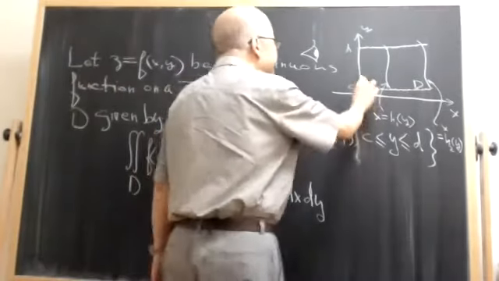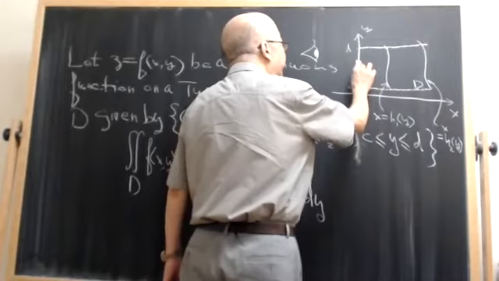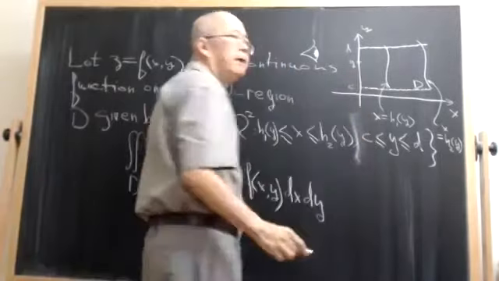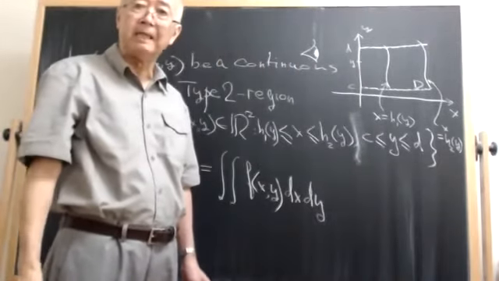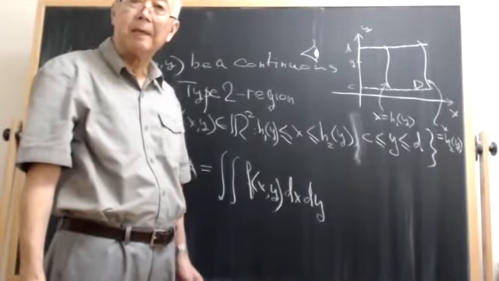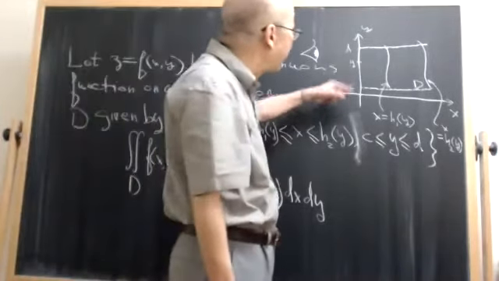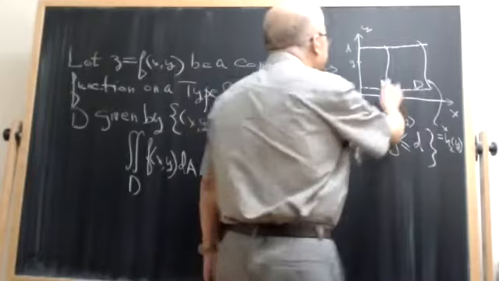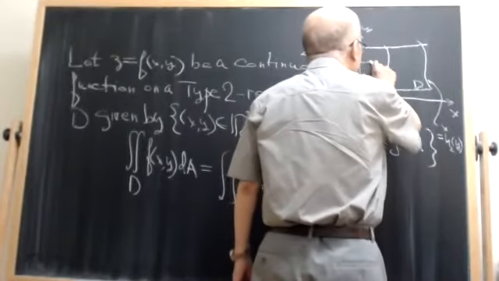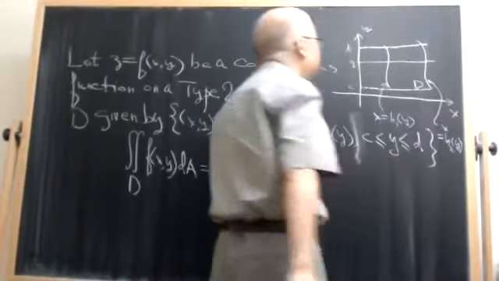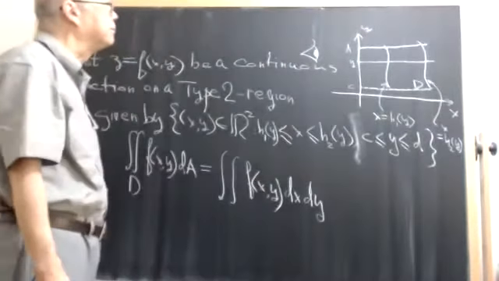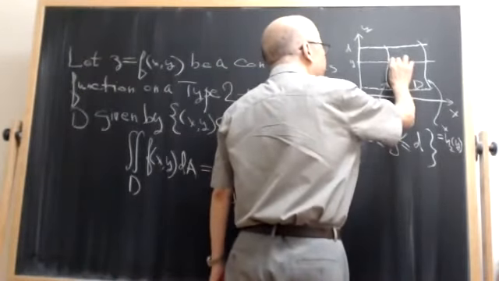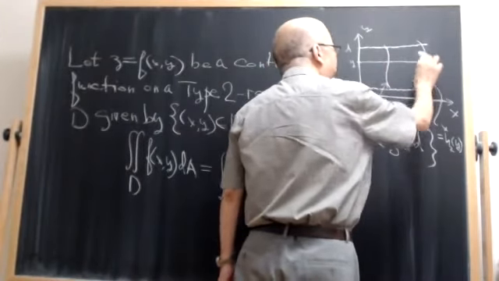And the way to do it is to fix a y here, in the interval from c to d. Okay. And then I am going to let y go from c to d. If you do this, then you can see that x actually goes from this point to that point.